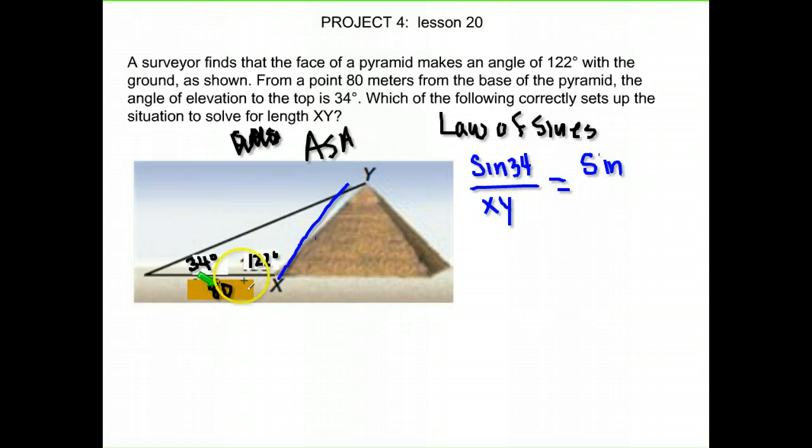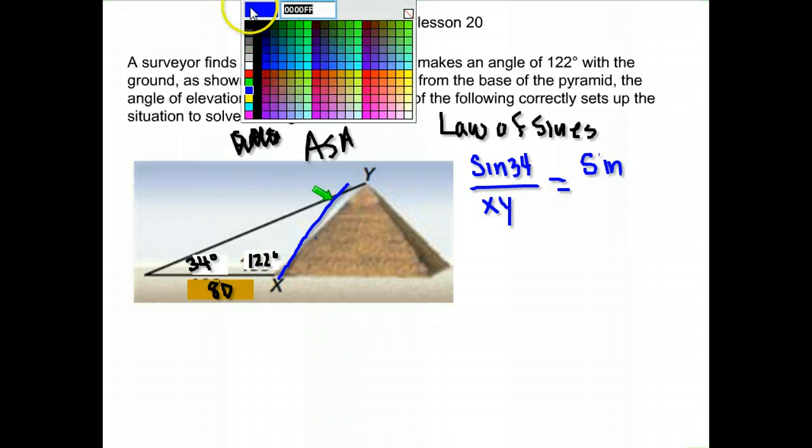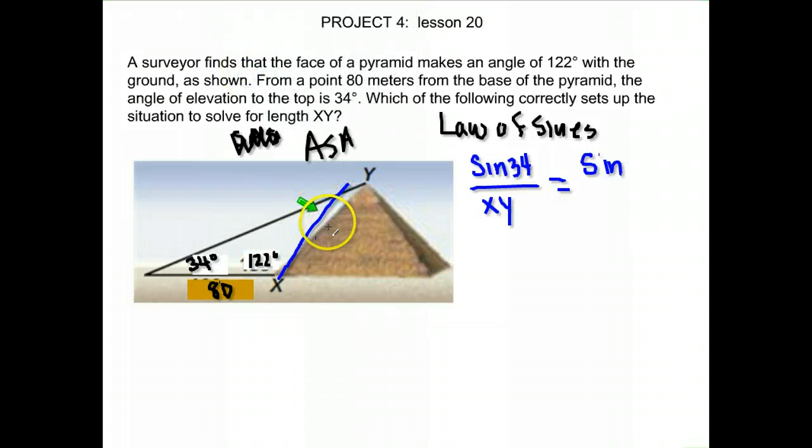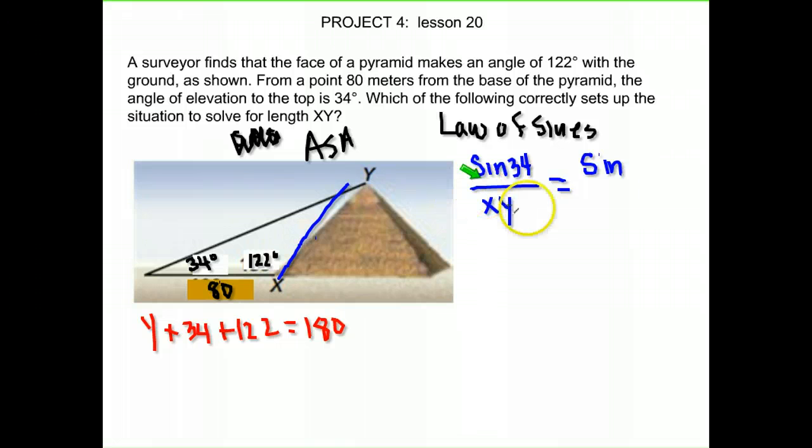I do know the measure of this side, but I don't know its angle. However, I can easily find out what that angle is because I have two of the three angles in the triangle, and I know that those three angles should add to be 180. So really quickly right here, I'm going to find out what that angle measure is, and then I can finish filling out my law of sines.